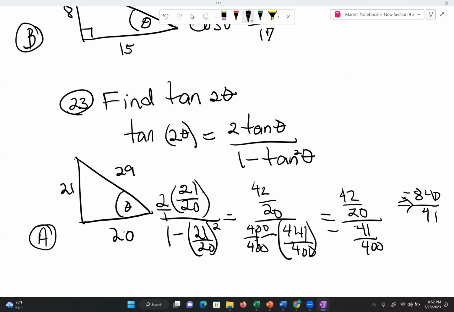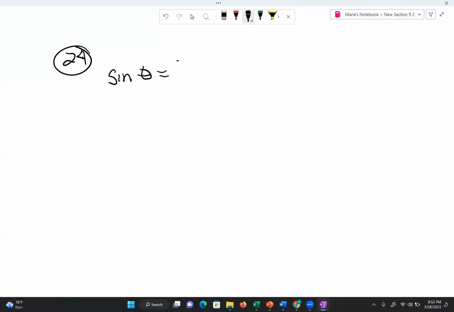All right, number 24. They're starting us with a simple question. They're saying we have sine theta equal to 21 over 29, and it's in quadrant 1, so it's positive. They want us to find cosine 2 theta.